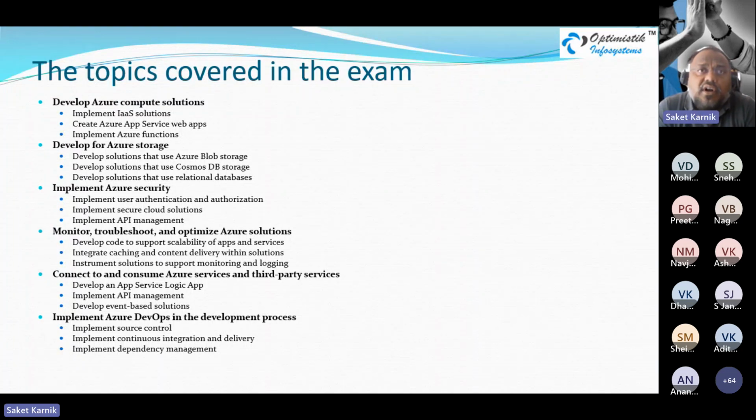Then overall, how do I deliver secure cloud solutions, which also talks about identity and access management, and then managed identities and all. So everything that is related to security basically comes under implement Azure security. Any service which has been built to provide security is measured under this skill only.